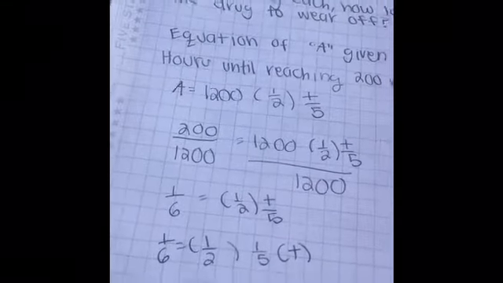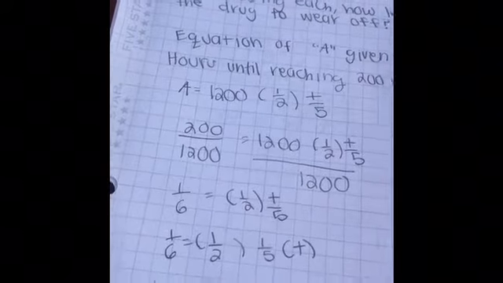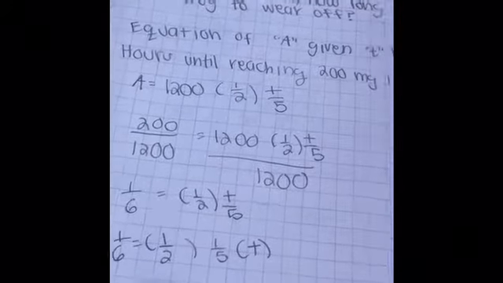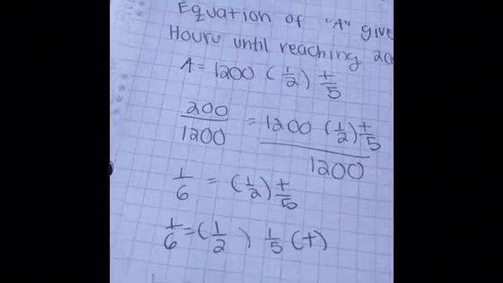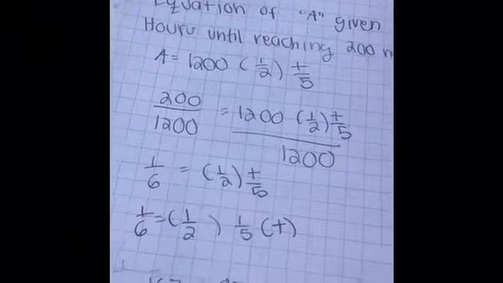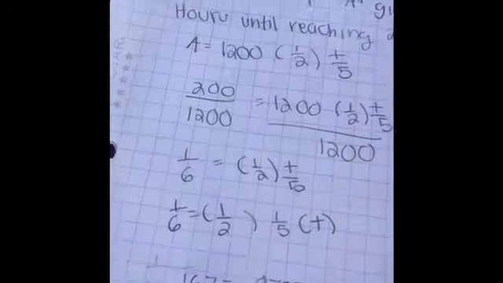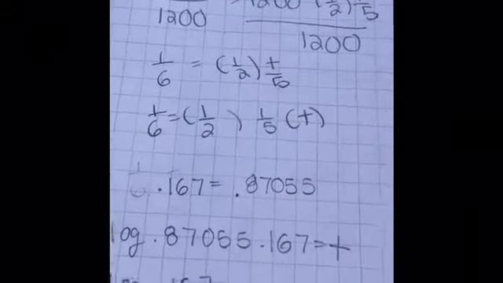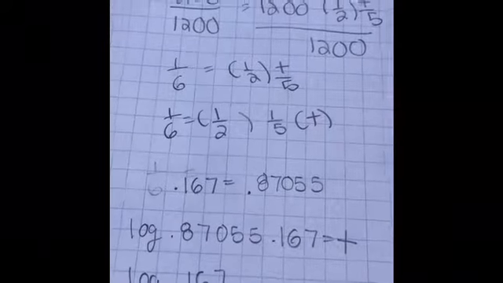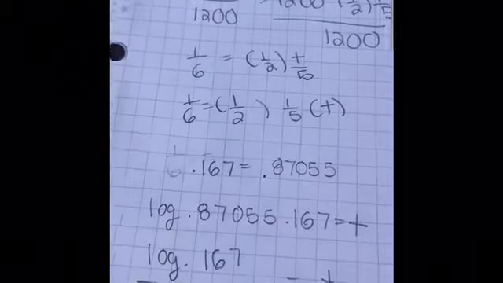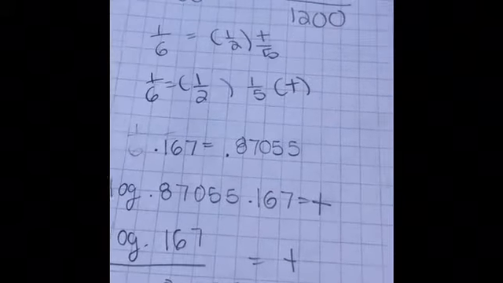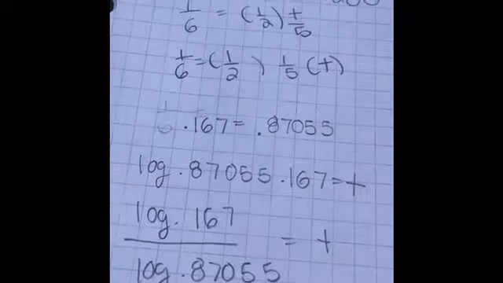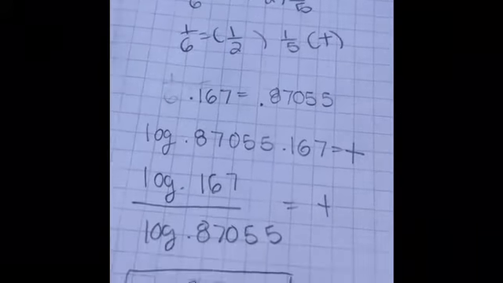You put 200 and divide it by 1,200, and you divide on both sides, and you get 1/6 equals 1/2 to the T over 5. So you get 0.167 equals 0.87055 to the T. And then you put log 0.167 over log 0.87055 equals T, and that equals 13 hours.